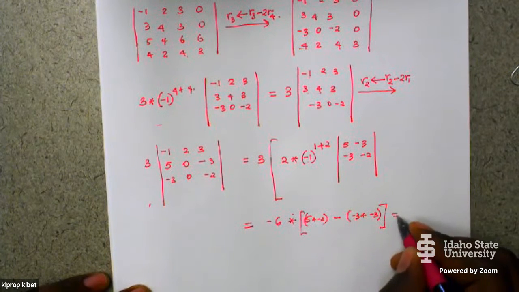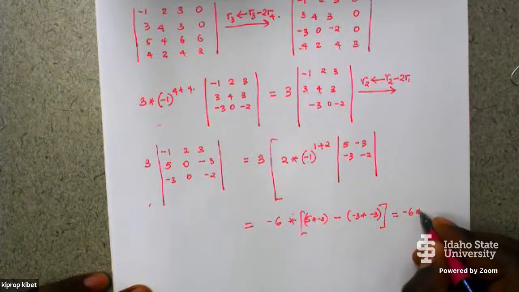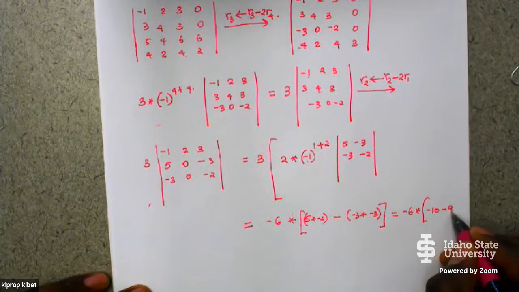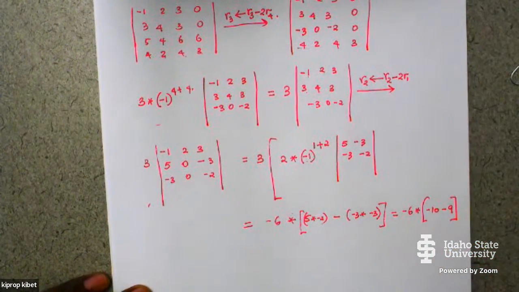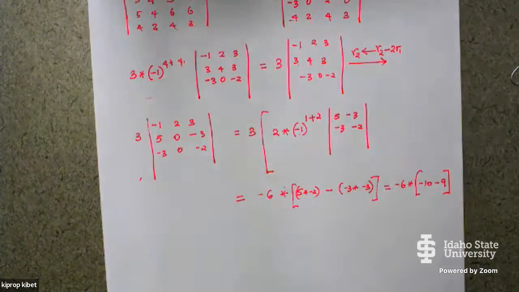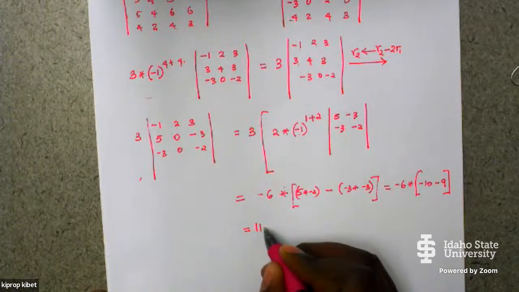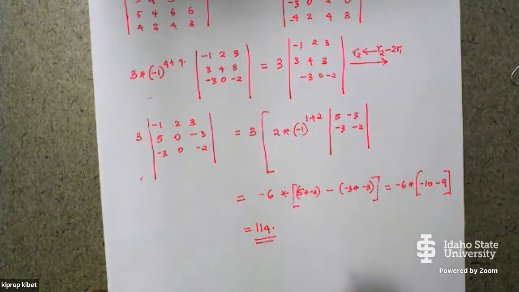Finally, this is equal to -6 multiplied by -10 minus 9. So -10 minus 9, and finally, this will give us 114.